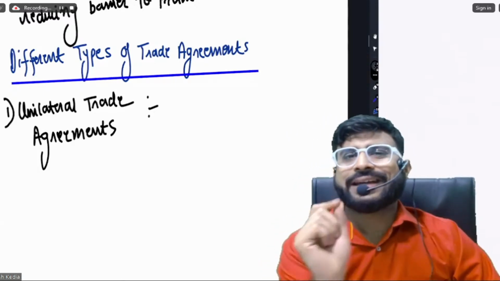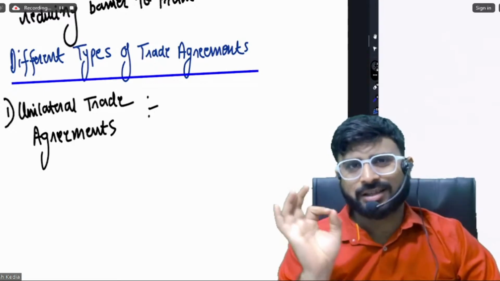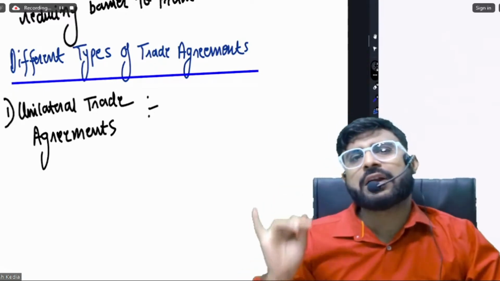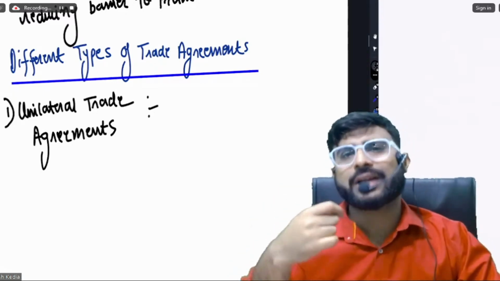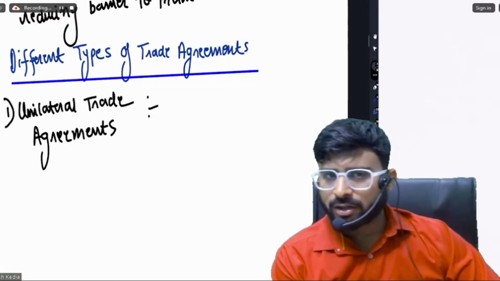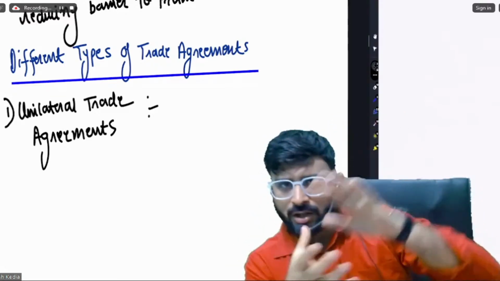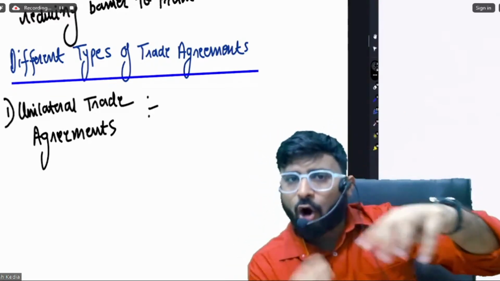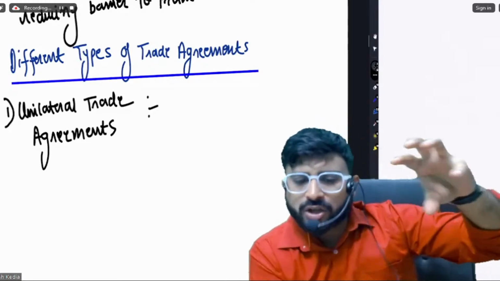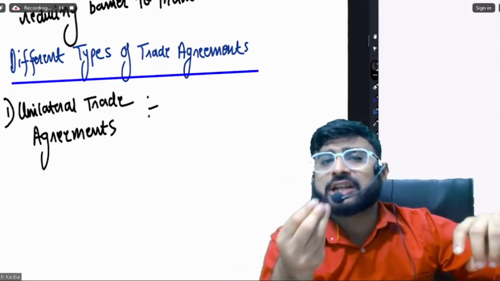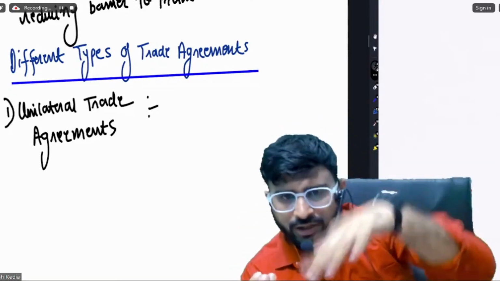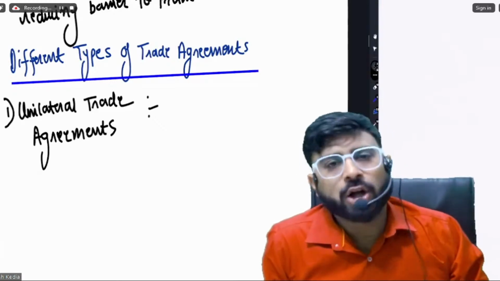Simple में बताऊं, एक तरफा प्यार. This is a unilateral trade agreement. Basically, what happens here is that the importing country offers incentives to encourage the exporting country to improve their economy.